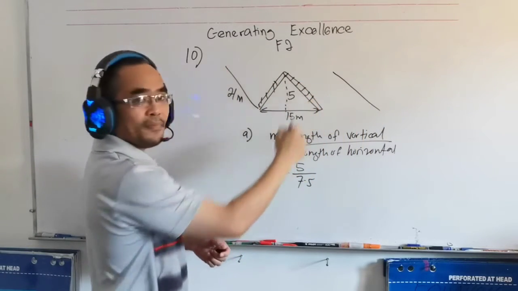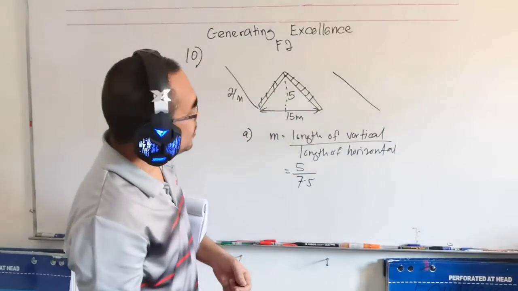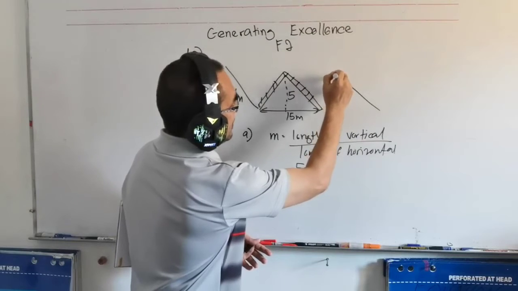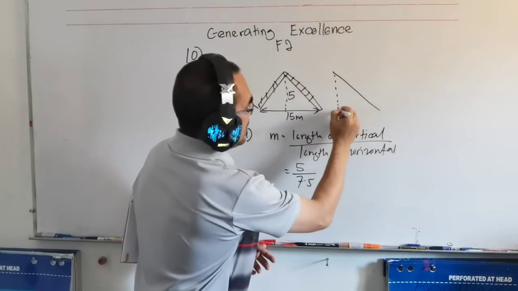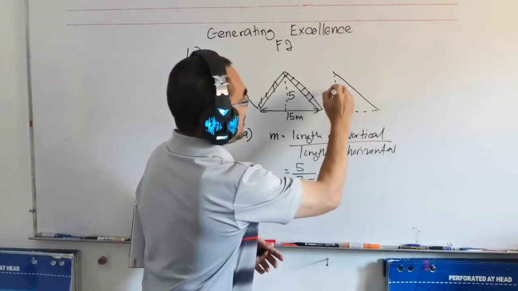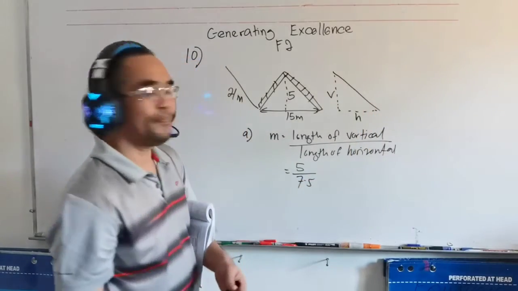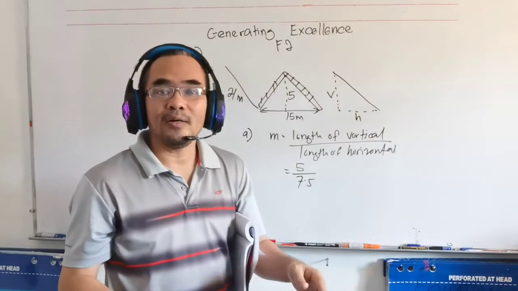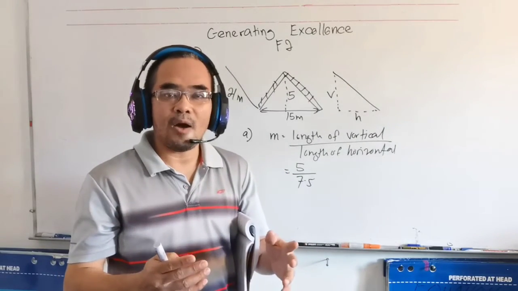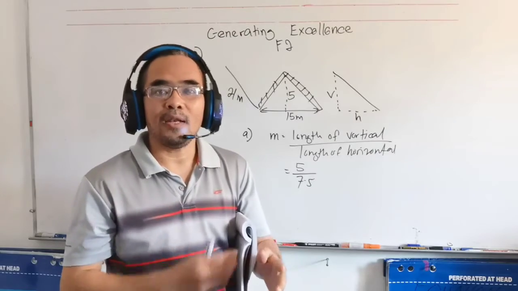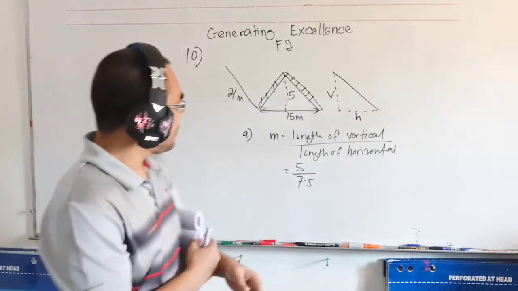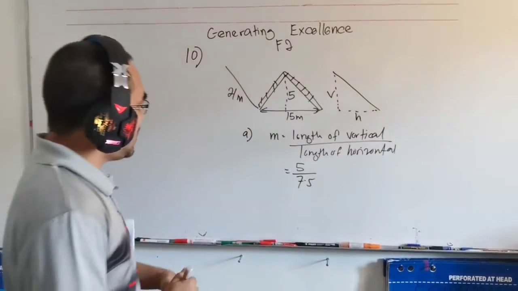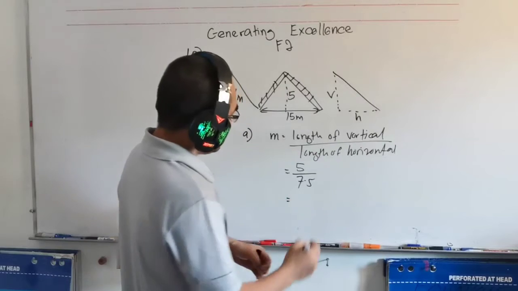The vertical is the length here, and this is the horizontal. We have to draw a right angle triangle in order to know the length of the vertical and the length of the horizontal. And simplify, 5 over 7.5 will be 0.6.